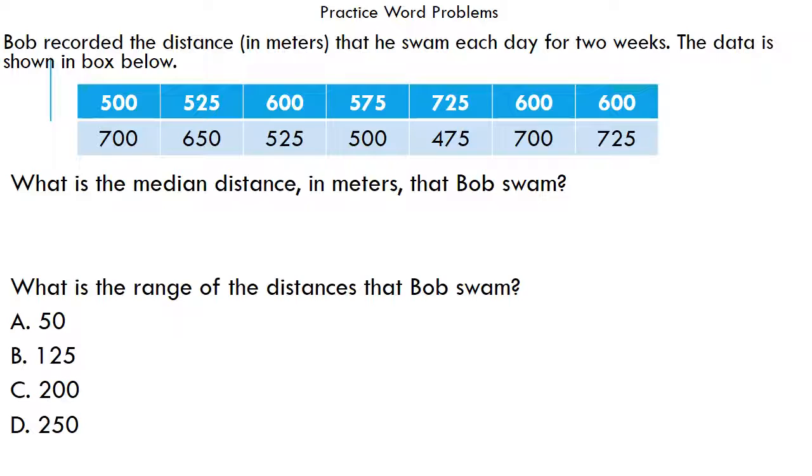Now we have the same information but a different question. The question is, what is the median distance in meters that Bob swam? I'm going to give you and your partner 30 seconds to decide how to solve this problem. How are you supposed to find the median?